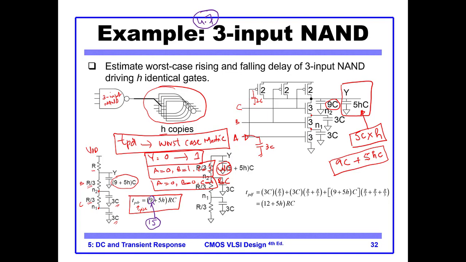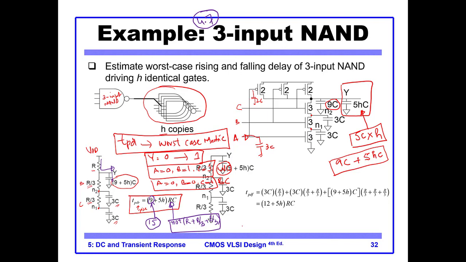If we look at the circuit, the output capacitor is charged only through the resistance R. That's why here we have R and not something like R plus R by 3 plus R by 3. Because it is only charged through R.